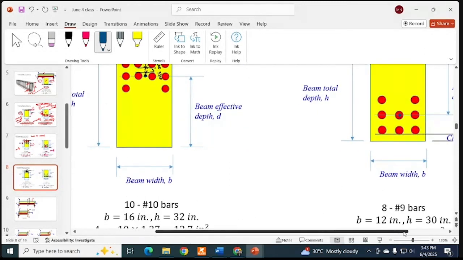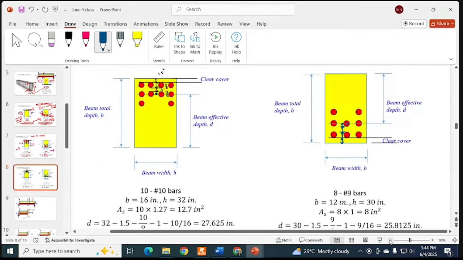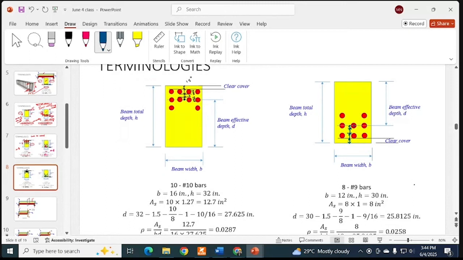You just find the distances. First a distance, clear cover, then arekta diameter, then layer to layer, then radius. So I think I talked enough about the calculation of effective depth. আর করবো না, এটা একটু ফাইনালি দেখে নাও। Yes, sir.